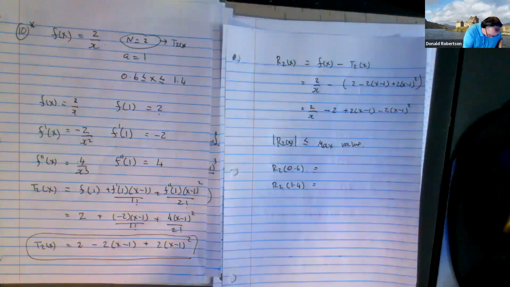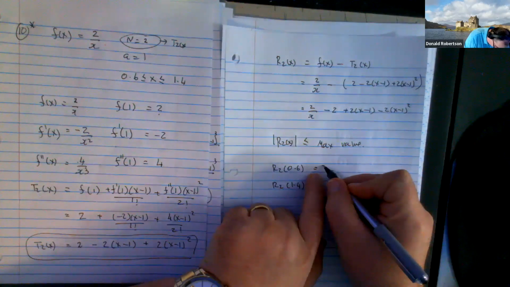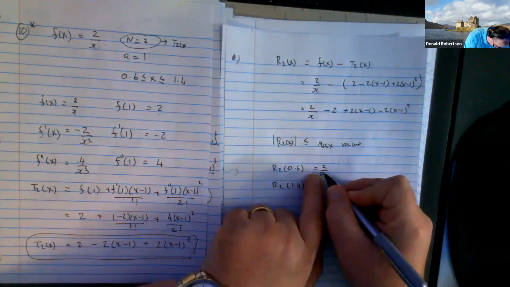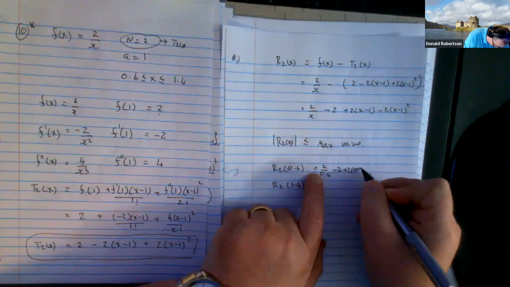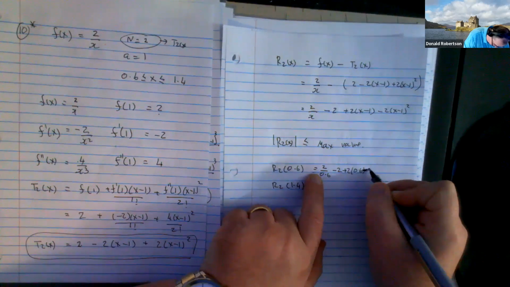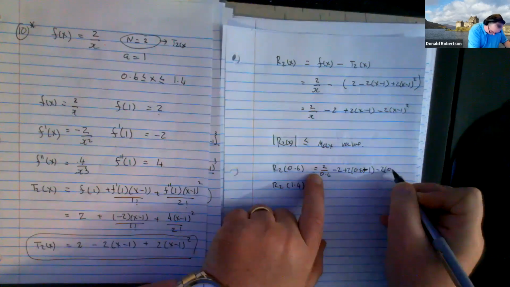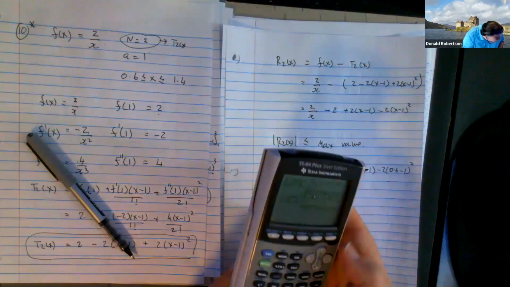So at this point, what will this one be? This is going to be 2 over 0.6, take away 2 lots of 0.6, take away 1, take away 2 lots of (0.6 minus 1) squared.